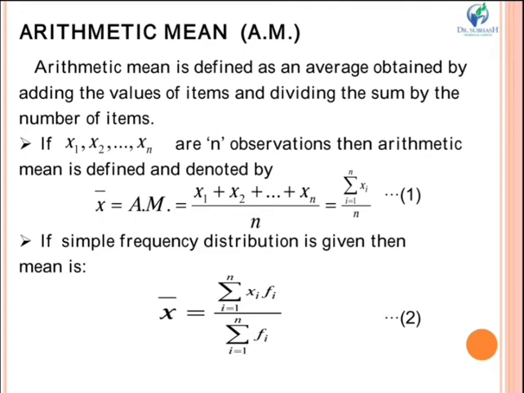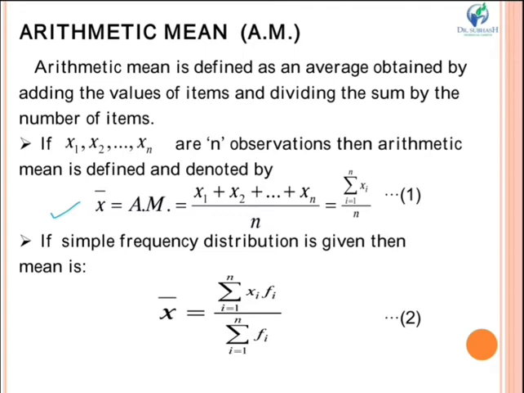First is when n observations are given to us. If x1, x2 up to xn are n observations, then arithmetic mean is defined and denoted by x bar, which is equal to the sum of all the numbers divided by the total number of numbers.